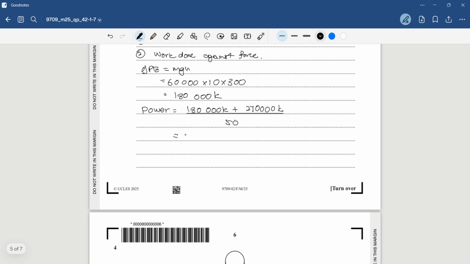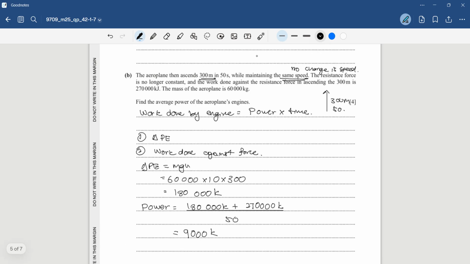Therefore it's going to be 9,000 kilo. Just take note, if there is a change in speed, then there will be a change in kinetic energy also. But since there is no change in speed, we ignore the kinetic energy.